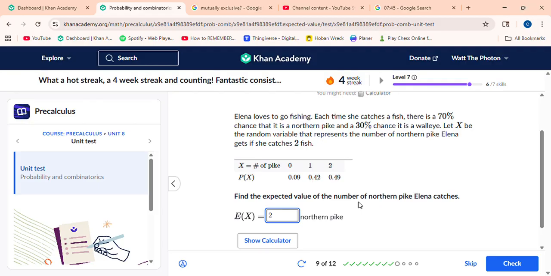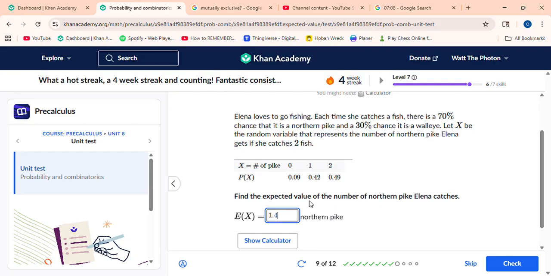Let's see. I see. So 0 times 0.009 is 0. 1 times 0.42 is 0.42, plus 2 times this is 0.98. 0.42 plus 0.98 is 1.4.